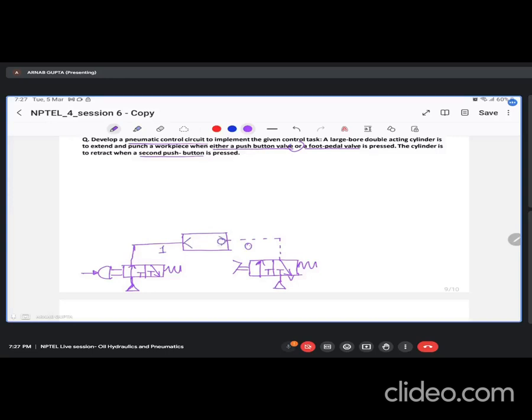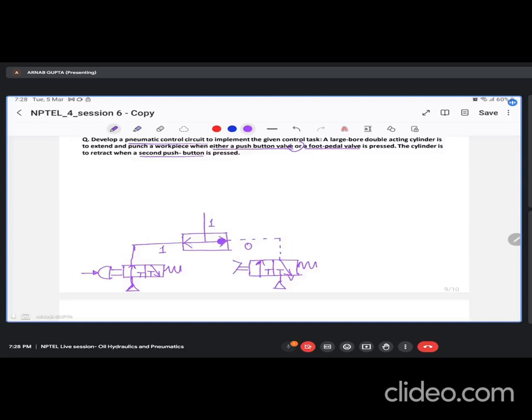This is called a shuttle valve, I guess. So you are having 1. If either one of these is pressed, the ball will be directed towards the opposite end.